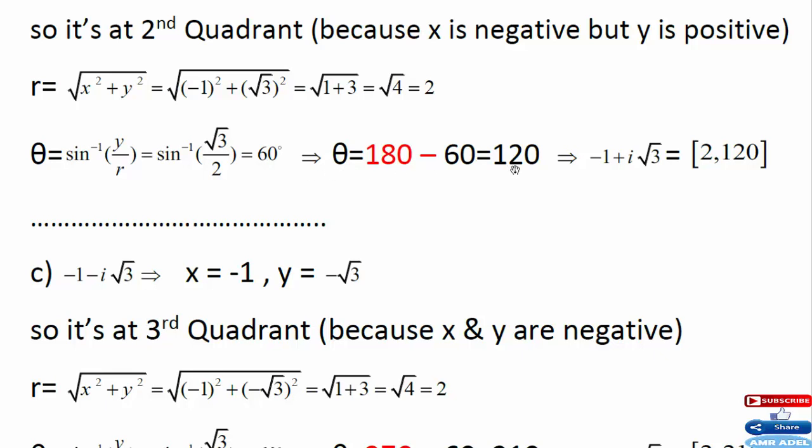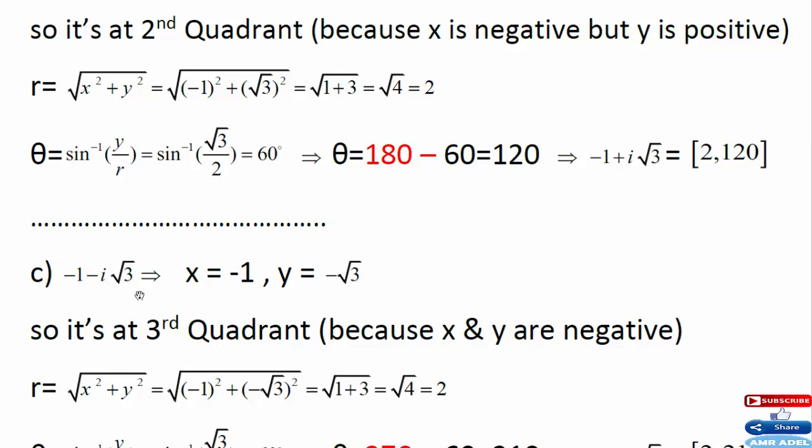In the second quadrant, we subtract: 180 minus this angle. This is a rule all the time. When dealing with the second quadrant, directly do 180 minus this angle, which is 120. So the answer of this question is 2 as r and 120 as the angle.